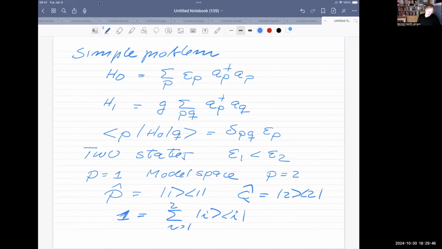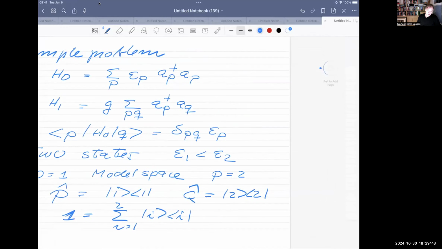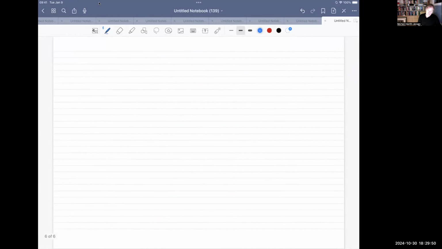Now, this simple problem here has now as an ansatz a ground state, which we're going to label as a phi 0, which is simply going to be given by this A1 acting on 0. And 0 is just a true vacuum state. And then I'm going to have a state phi 1, which is now simply going to be given by an A2 acting on 0.